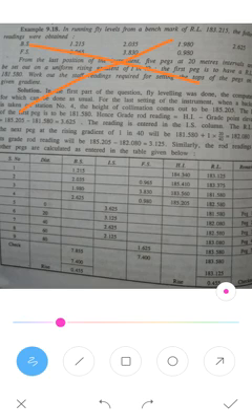The staff is held at each point. The first point is kept on the back side, on the benchmark, and they have taken the readings.